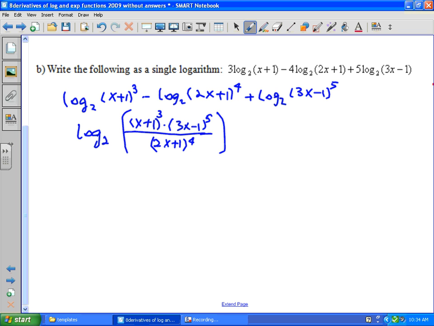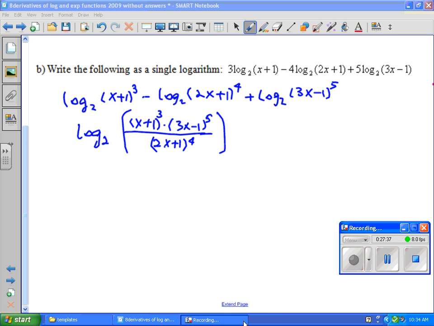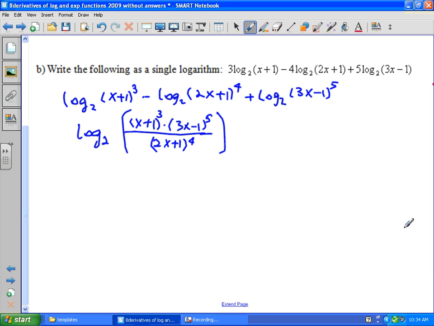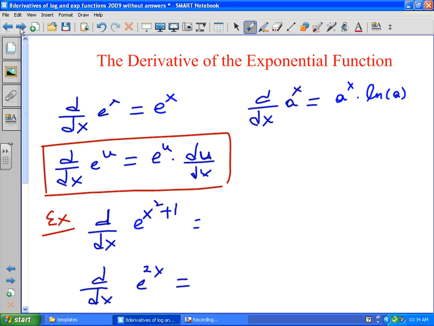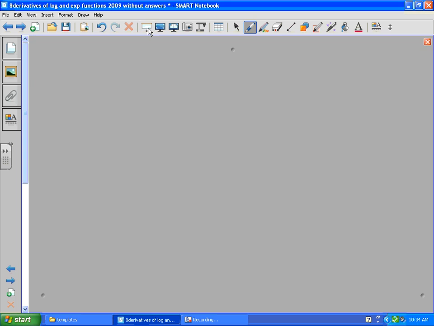Okay. So with that review, now we're getting ready to start the actual new material for today, which happens to be doing calculus with the exponential and logarithmic functions.